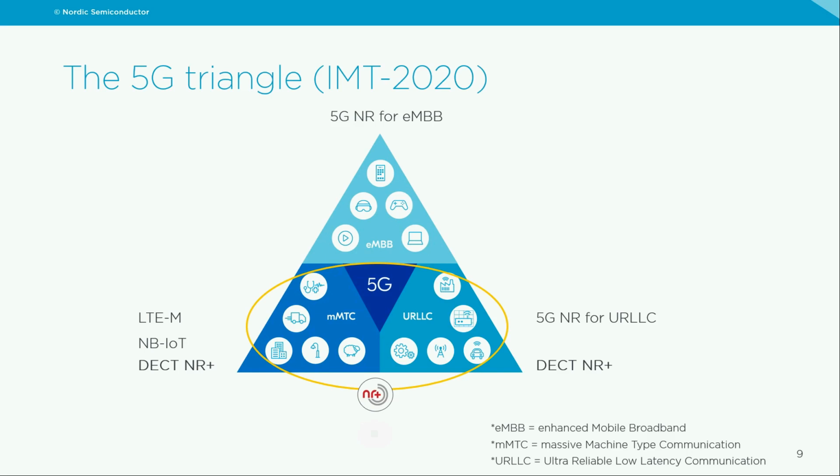So in this 5G triangle, you basically have three things that they focus on and have set requirements on. One is enhanced mobile broadband that you see on top. This is the 5G new radio for cellular that you are already seeing and will see in your handheld devices, in your tablets, at home for streaming over cellular instead of Ethernet and so on, really high bandwidth for consumer devices. And then you have 5G for MMTC, or massive machine type communication.